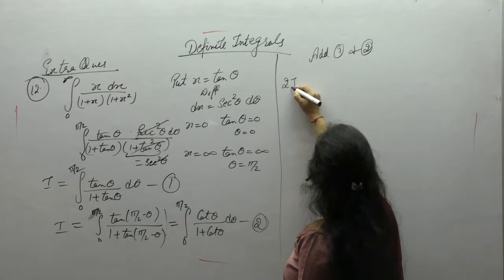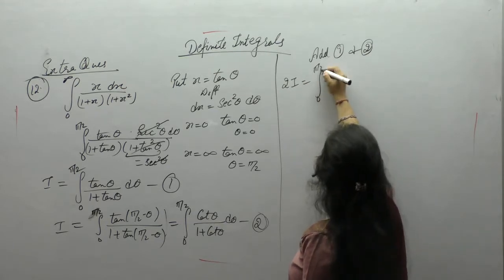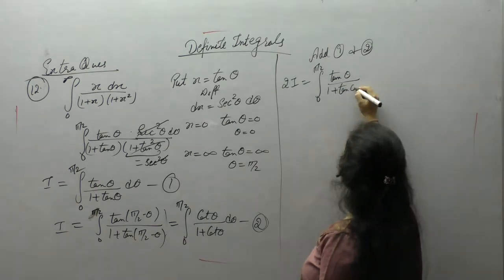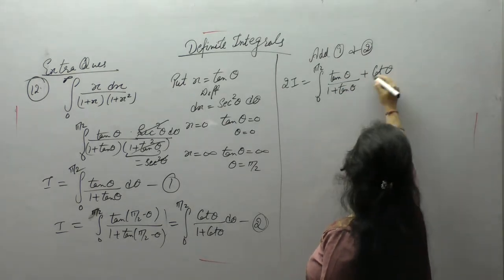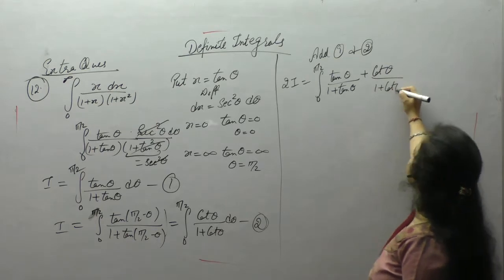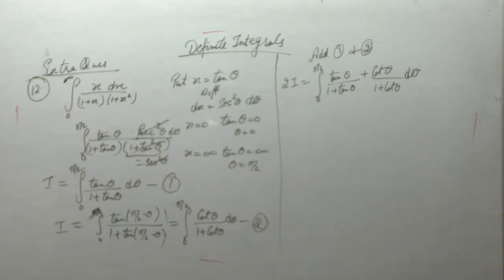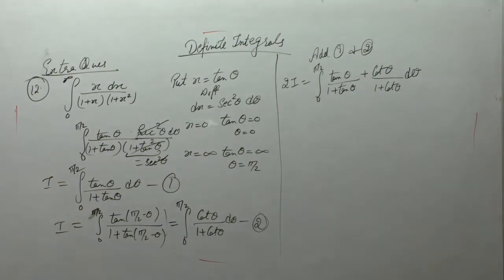We get 2I is 0 to pi by 2 tan theta upon 1 plus tan theta plus cot theta upon 1 plus cot theta d theta.